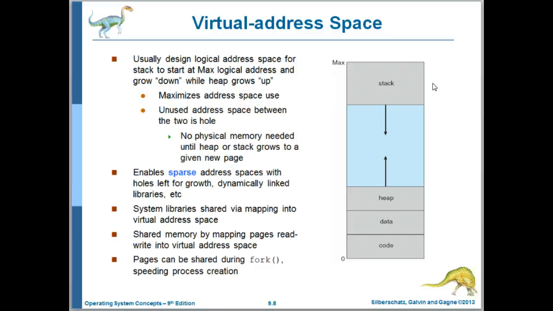Without virtual memory, there's going to be a certain amount of pressure into only allocating enough storage to fit a dynamic library into the address space, and then over time, if that dynamic library grows in size, it may no longer fit into that space. With virtual memory, we can just create as large a virtual address space as we like, and not have to worry that it's going to waste physical memory.